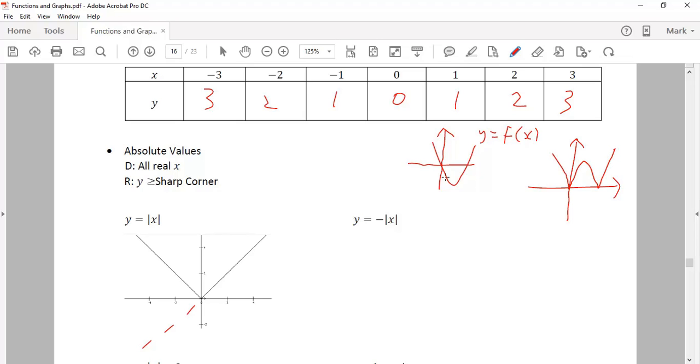Notice how all the negative parts just moved up to become positive. If you're thinking about how absolute values make numbers positive, that's the same thing in the graph. All the negative bits move up to the positive.